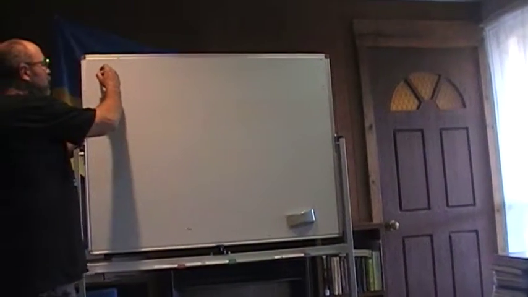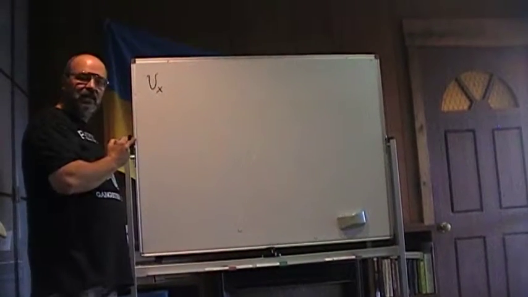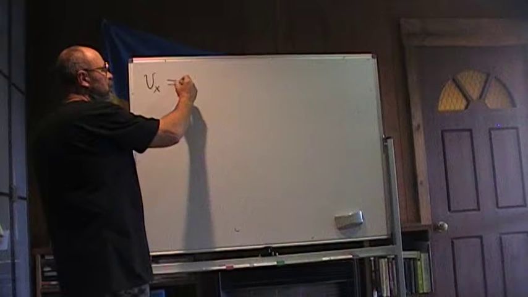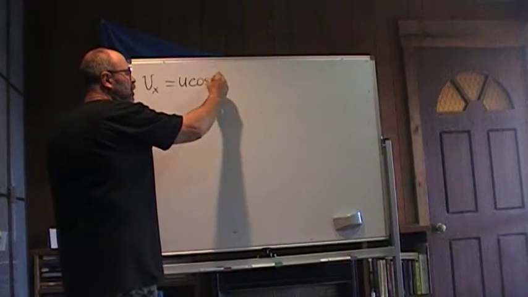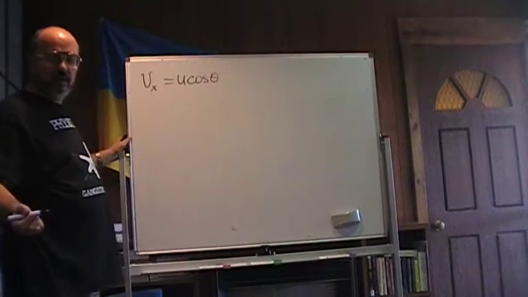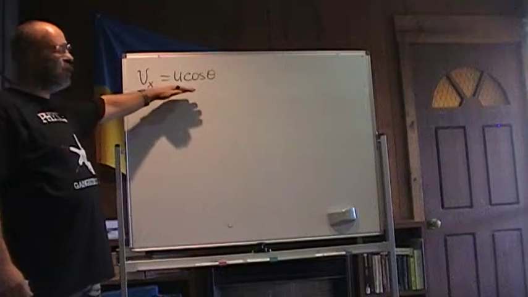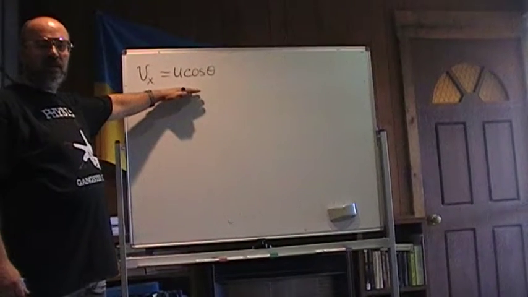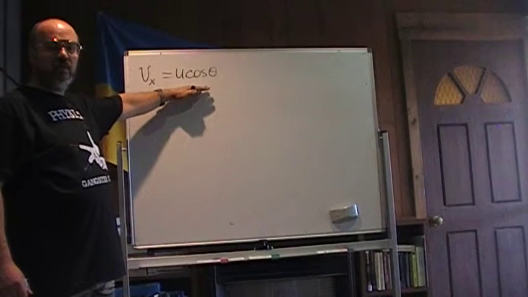Again, velocity in the x direction is constant. It will always be u cos theta. As we decided to disregard air resistance, there is no force acting horizontally, and the horizontal component of the velocity stays always u cos theta.